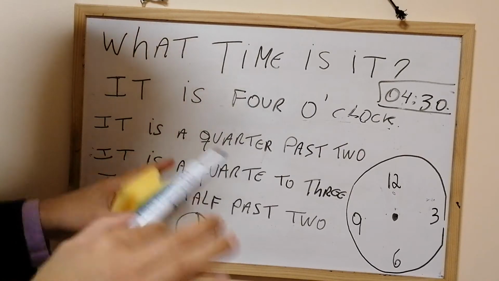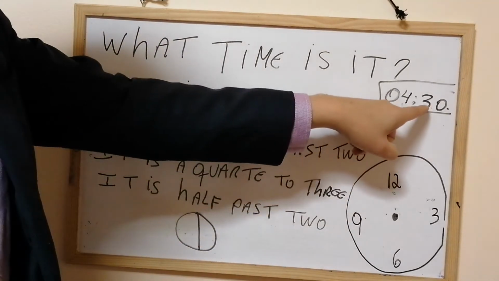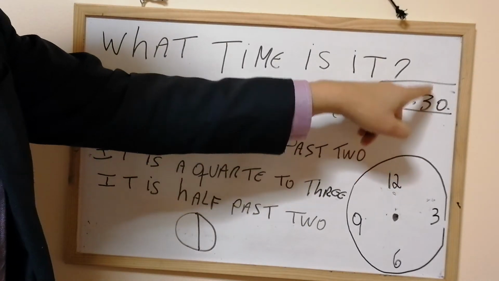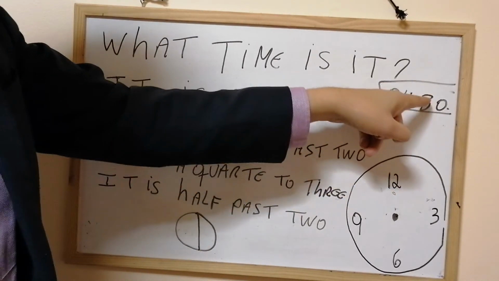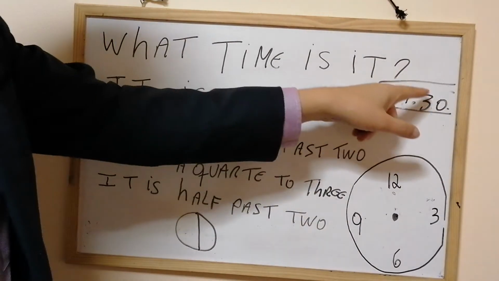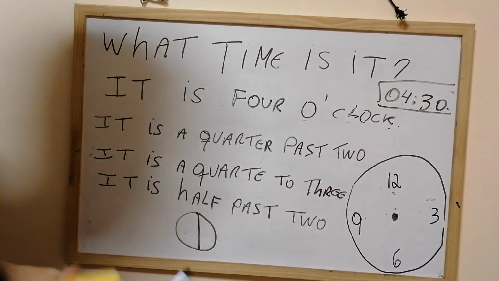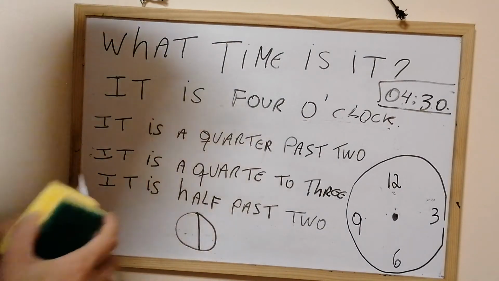Okay? Always, when you have 30 minutes completed of the hour, you say it is half of the hour. It is half 4. It is half 3. It is half 2. Okay, this is how we say the time.